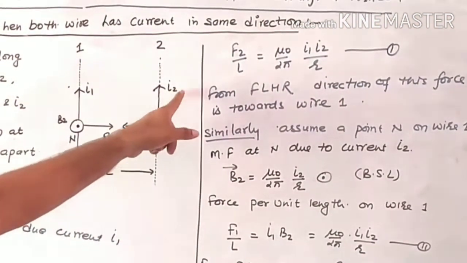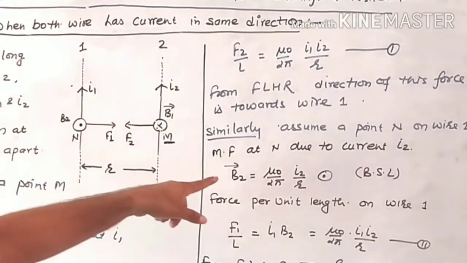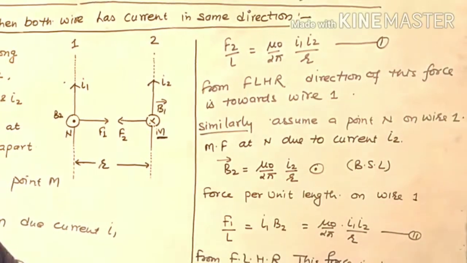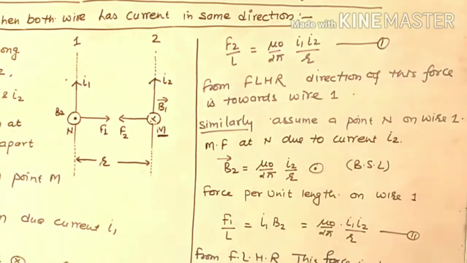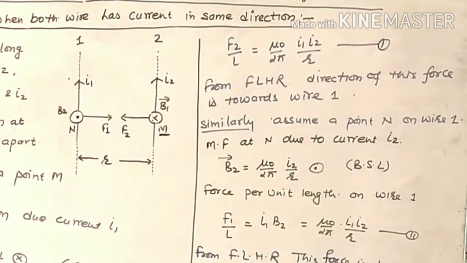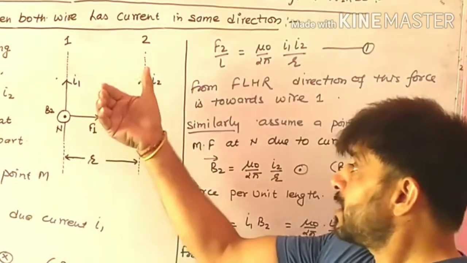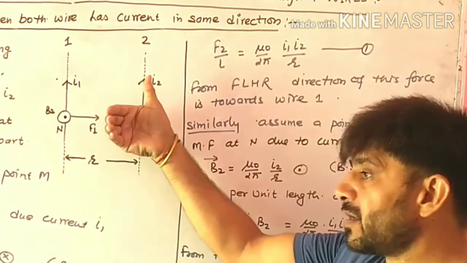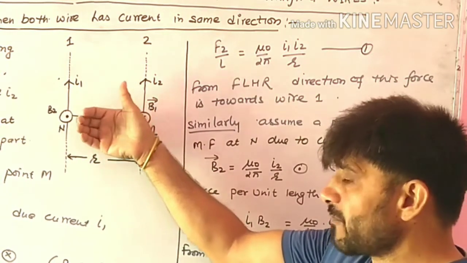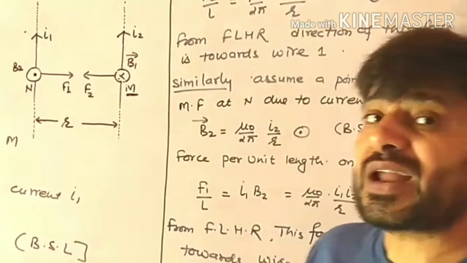Similarly, point N is on the location of wire 1. So current I2 will produce a magnetic field here that we call B2. So magnetic field B2 will be given by mu 0 upon 2 pi into I2 upon R, and direction of this will be given by right hand thumb rule once again, I am sorry. Putting the thumb in the direction of current, curling fingers are coming out of the plane of board, so it will be called a dot direction.